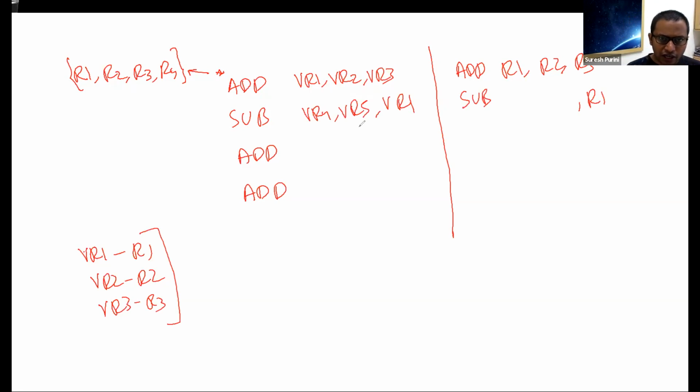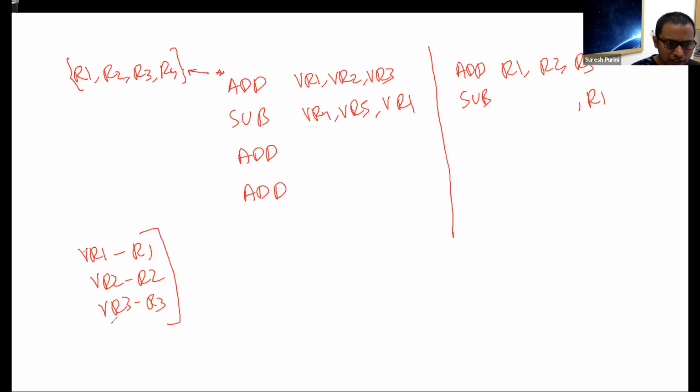But if you look at VR5, VR5 is not allocated any register. So we go and look at the free pool of registers, and we know that R1, R2, R3 are already allocated, and R4 is available.